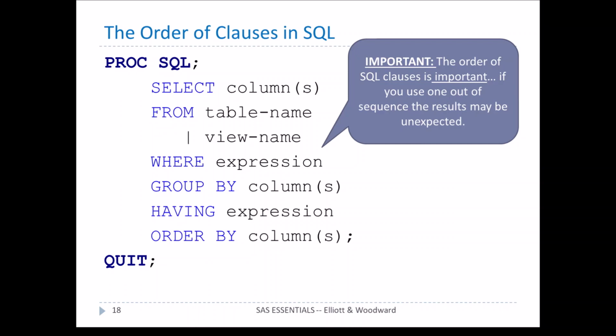We have a where statement that allows us to choose specific parts of our data set depending on whether they match an expression or not. We can have group by. Again, all these are fairly commonly understood. We're going to group certain columns by some variable. Having is a little bit more obscure, but we'll talk about it in a minute. And then order by puts the view in a sorted way.